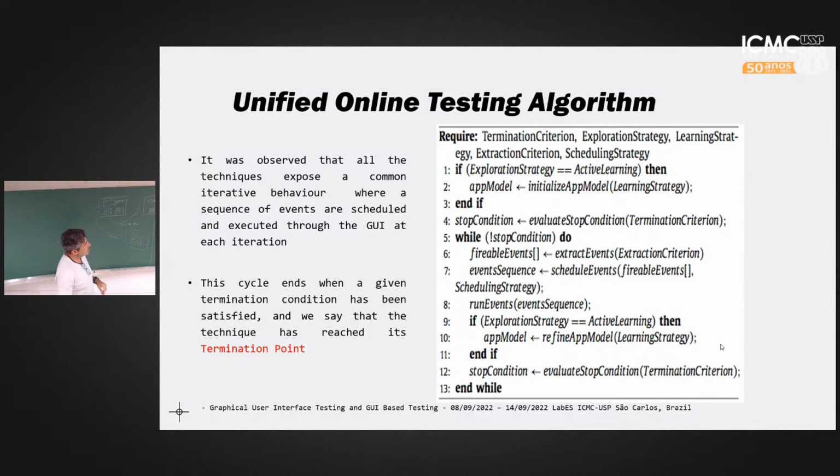What did we observe? We observed that all the techniques expose a common iterative behavior. So the techniques are iterative, where a sequence of events is scheduled and executed through the GUI.